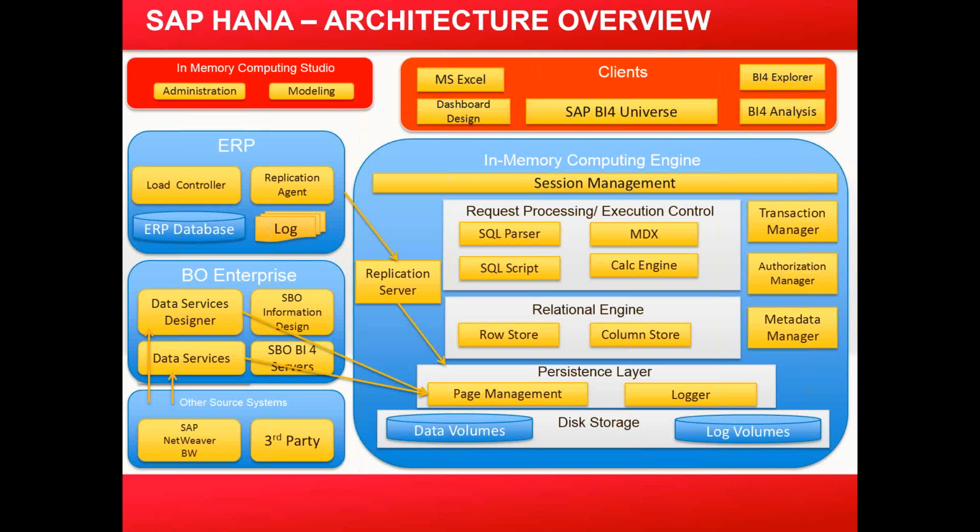The persistence layer as such is a part of the memory structure and it is not a part of the disk. HANA can hold a huge amount of data, like we saw in the last class, up to 2 terabytes in its memory.